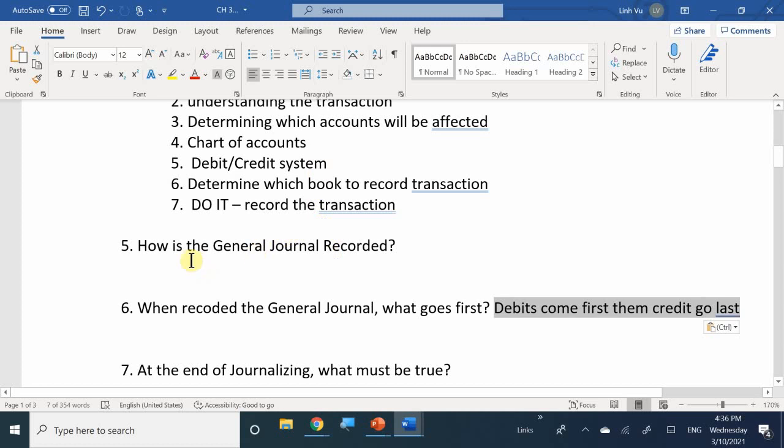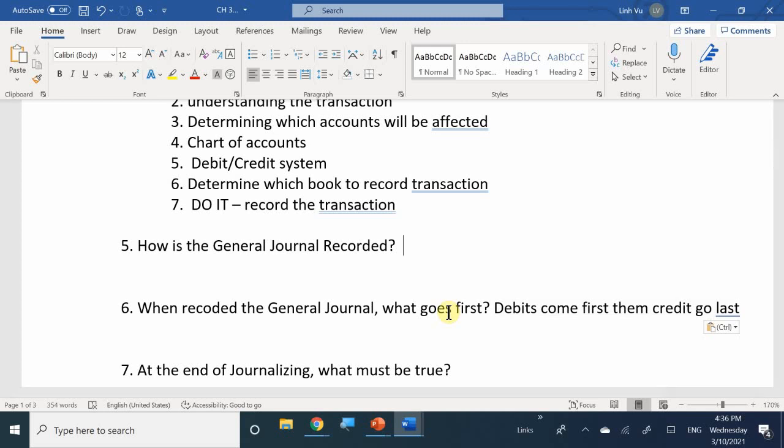Let me see. Okay, so this one is time sensitive. That's what this question is asking, in terms of time. How is the general journal recorded? That would be recorded in chronological order. Correct. Chronological order.